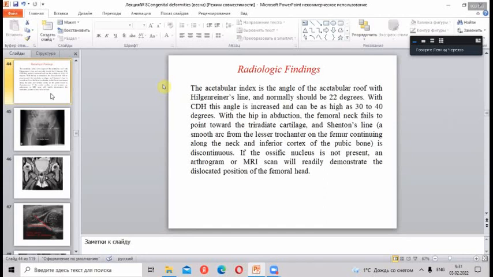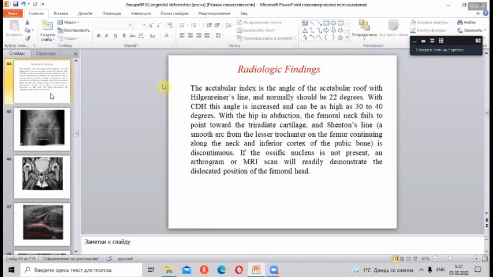With the hip in adduction, the femoral neck fails to point towards the triradiate cartilage. Shenton's line, a smooth arc from the lesser trochanter on the femur, continuing along the neck and inferior cortex of the pubic bone, is discontinuous.